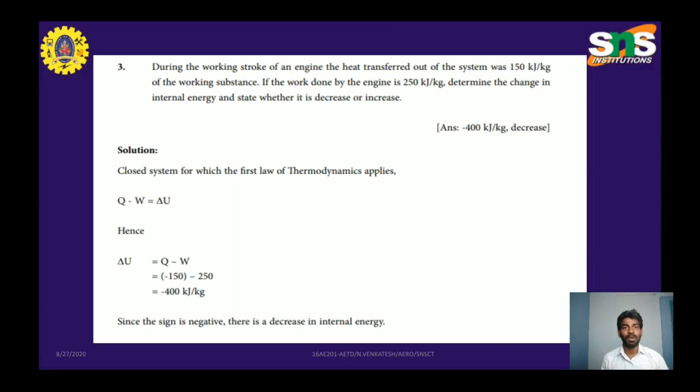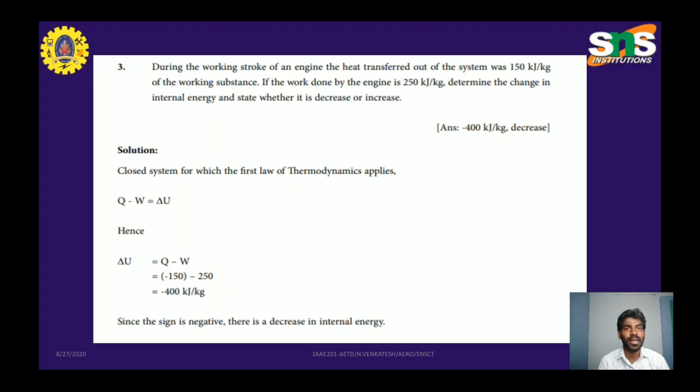This is the next problem of the first law of thermodynamics. During the working stroke of an engine, the heat transfer from the system was 150 kilojoule per kg of the working substance. If the work done by the engine is 250 kilojoule per kg, determine the change in internal energy and state whether it is a decrease or increase.